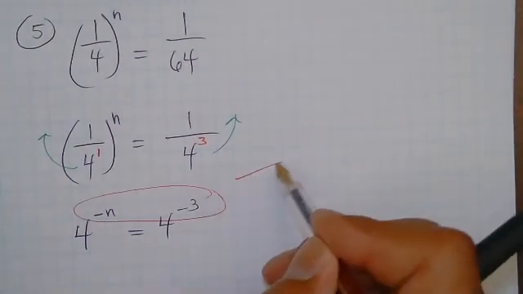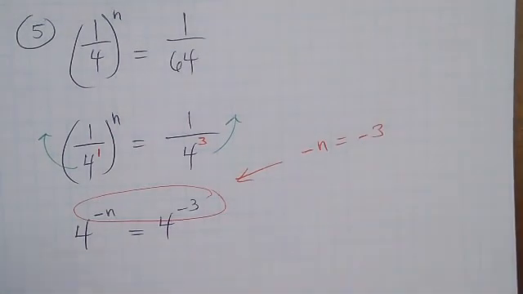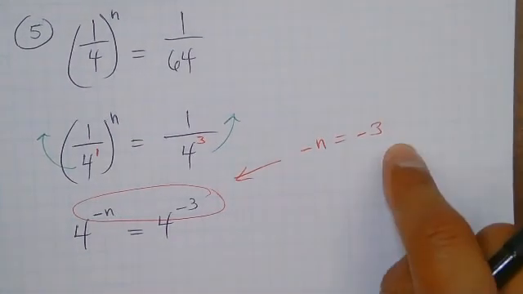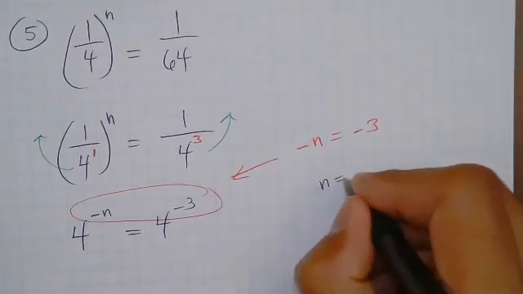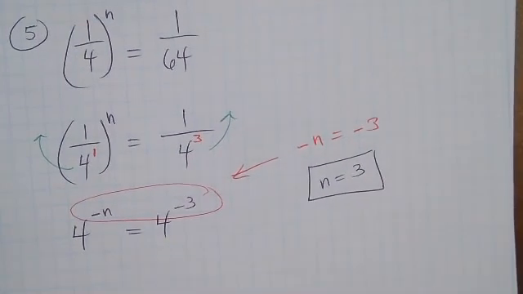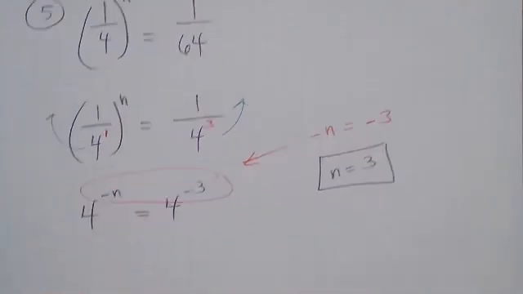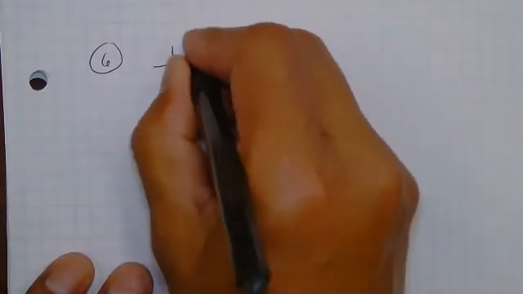Anybody? Negative n is equal to negative 3. Divide by negative 1, divide by negative 1, n is equal to... You know how to handle it when you see a fraction, then that's it. It'll be 1 over something.